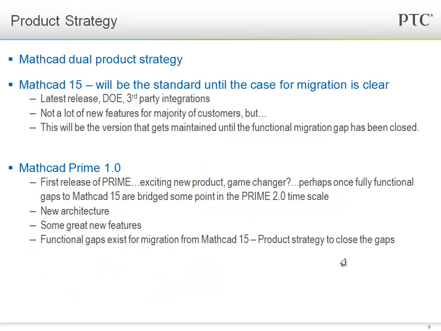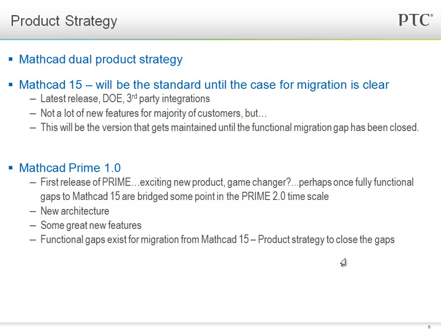And so as you guys already know, Mathcad 15 is still around. It's a dual release strategy. So right now there's both Mathcad 15 and Mathcad Prime 1.0. Now in 15 we did release some capabilities such as DOE, design of experiments, and we also allowed customers to integrate third-party software more easily.